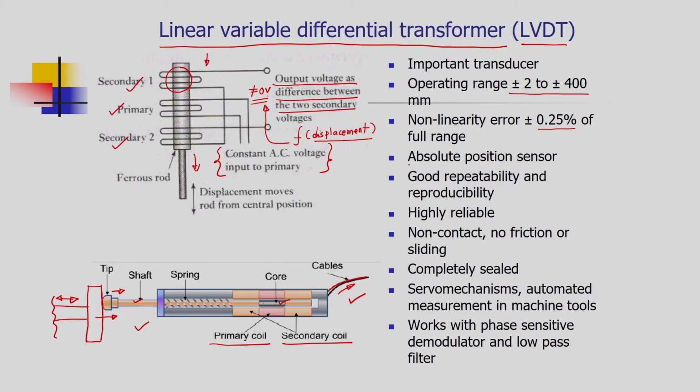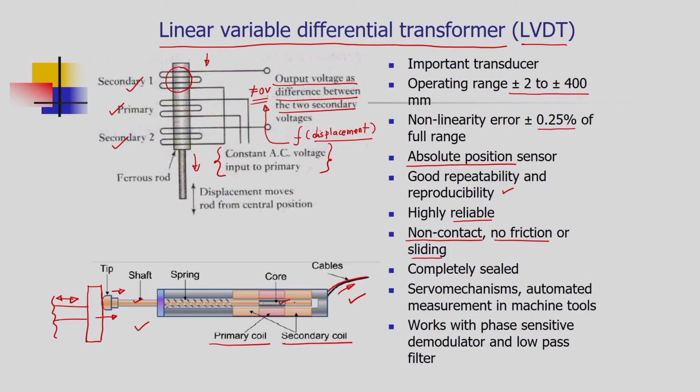We can measure the absolute position by using LVDT sensors. These sensors have good repeatability and reproducibility, and they are highly reliable. The construction has no contacts, so there is no friction or sliding, so there is no wear and tear of its construction elements.